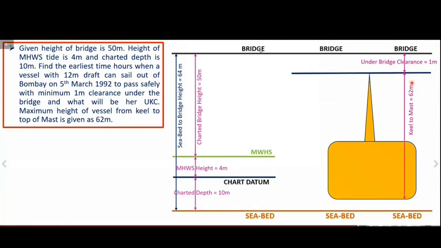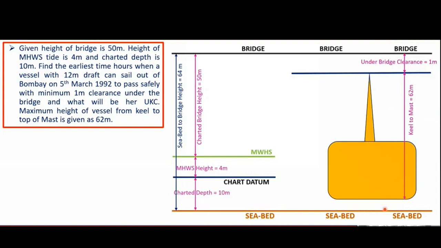So beta, can you tell me what will be the UKC for this particular ship? 1 meter, sir. Very good, beta. So that means from bridge to the keel becomes 63 meters. Bridge to the seabed is 64 meters.